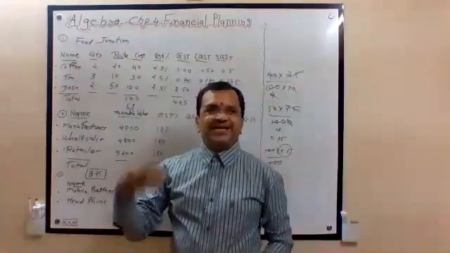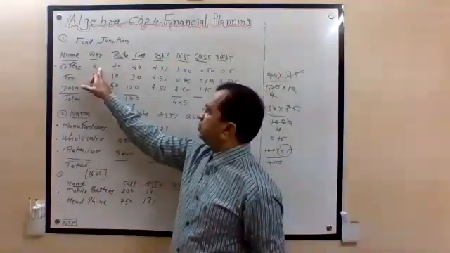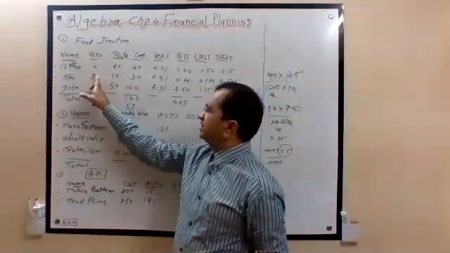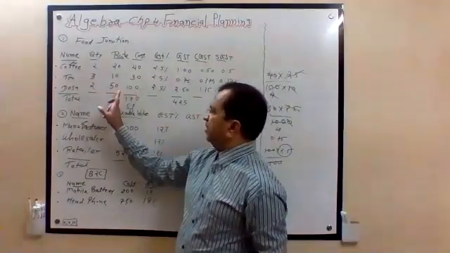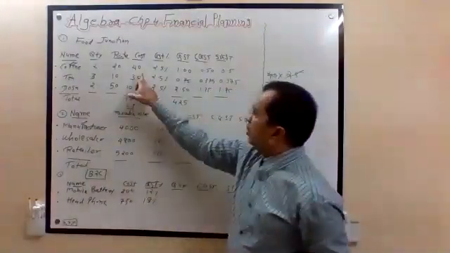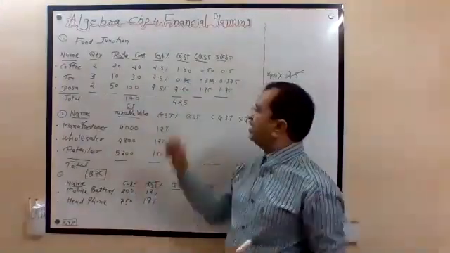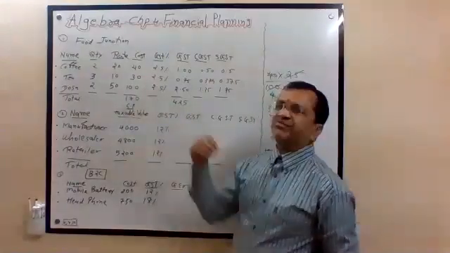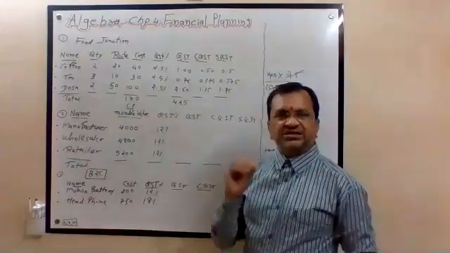These are the quantities, how much quantity they have purchased. 20 rupees, two coffee, 20 into 2 is 40 rupees. 10 rupees, three tea, 3 into 10, 30. 50 rupees, two dosa, 100 rupees. Of this 2.5% means 40 into 2.5 divided by 100 is equal to 1 rupee. 30 rupees, 2.5% is equal to 0.75, means 75 paise.